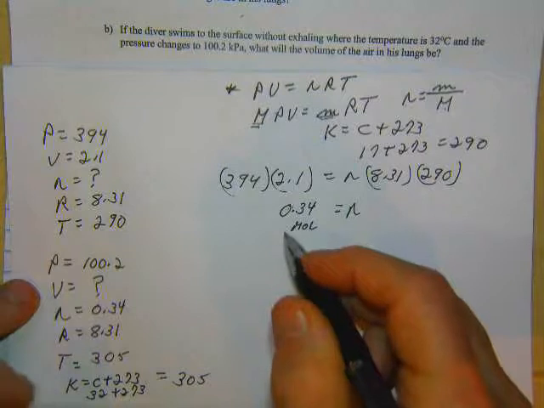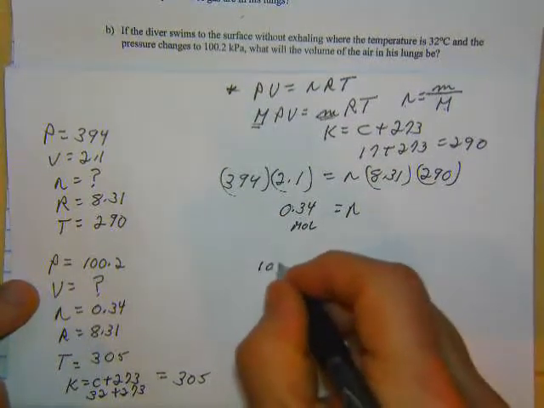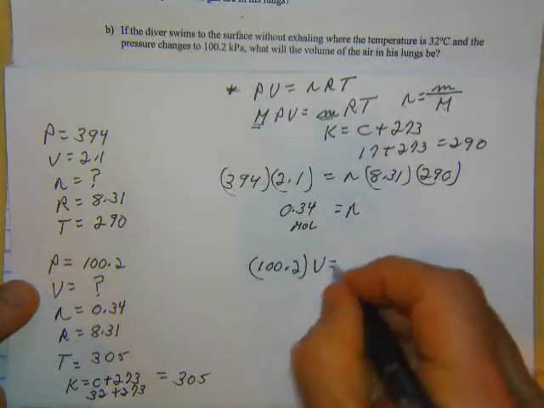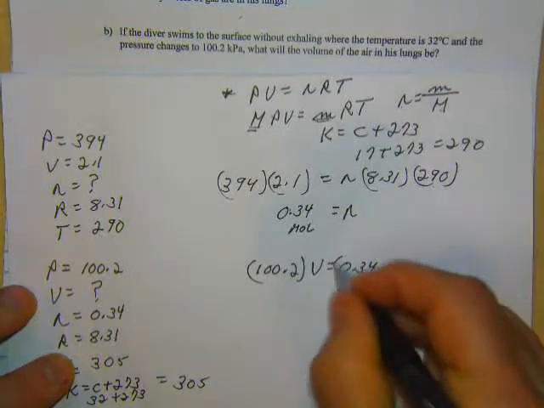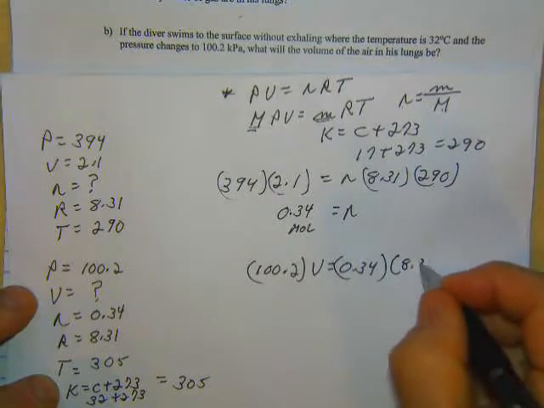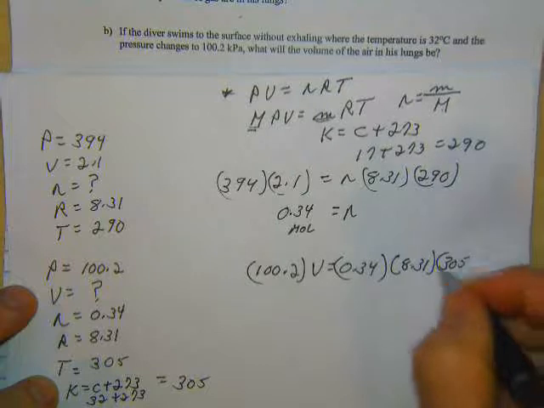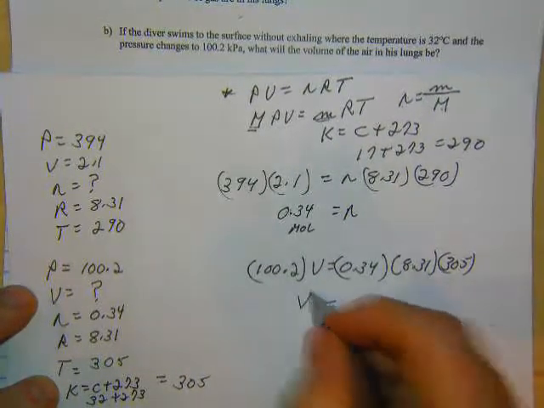Okay, so we can use PV equals nRT as we did up there. So P is 100.2. We don't know the volume. n is 0.34. R is 8.31. And temperature is 305. And hopefully my math is correct here.